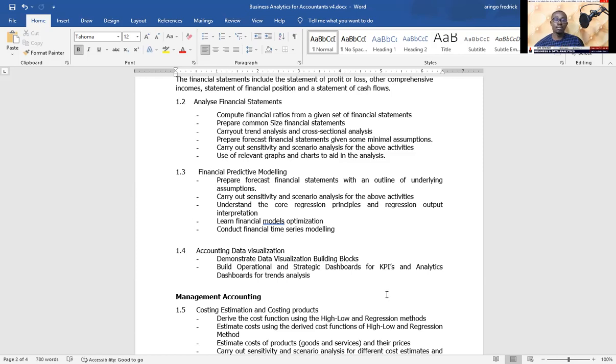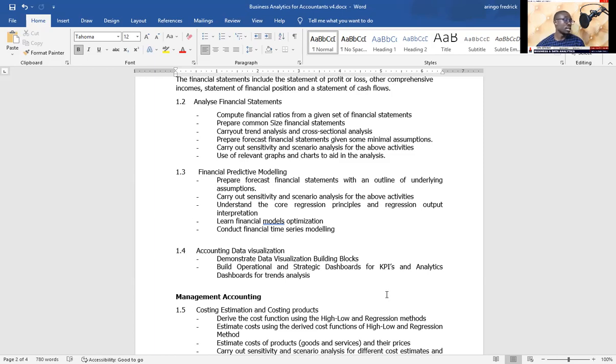You have to devise a method which will enable you to analyze your data very quickly and very effectively. One thing is to minimize a lot of errors, the other is to make sure that this data is very accurate, and all these concepts you're going to look at anytime you're talking about the aspect of financial models optimization.